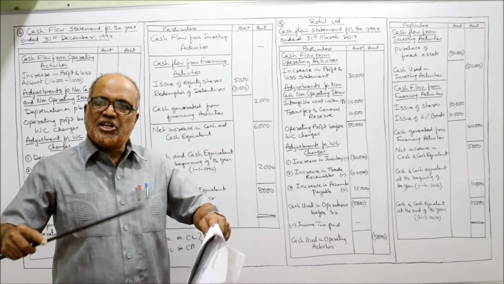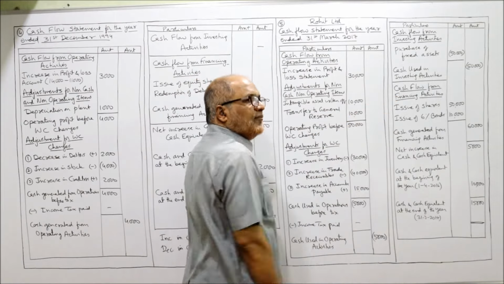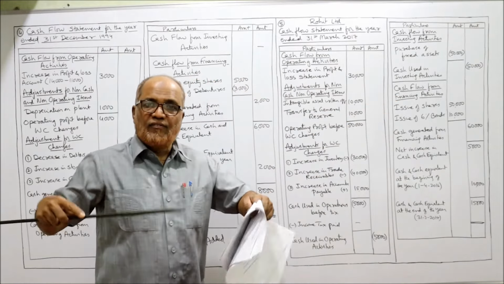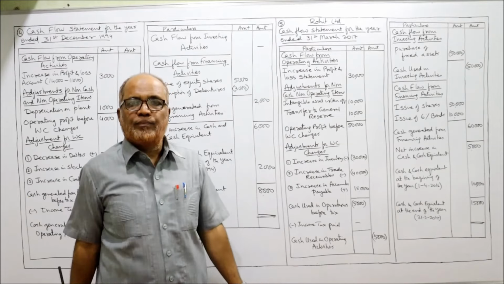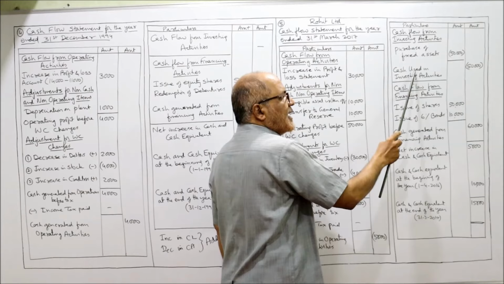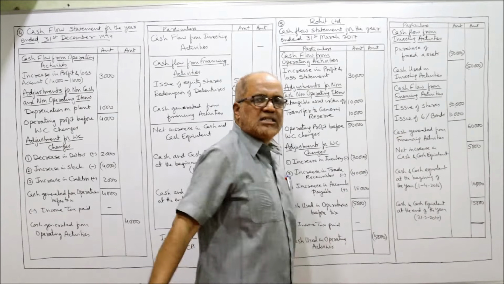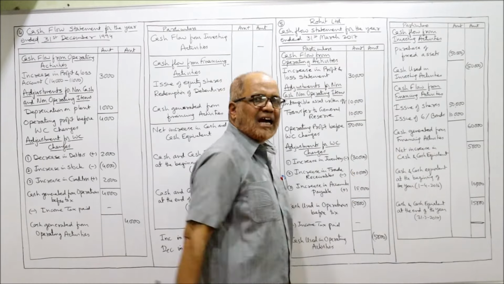When there is purchase, there is cash outflow. We have to see the transaction whether there is inflow or outflow. When we purchase something, cash goes out, so the outflow is negative, minus 50,000. So this is the cash used in investing activities. That is also negative.